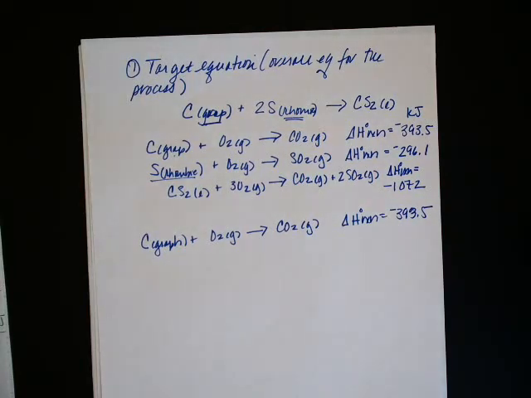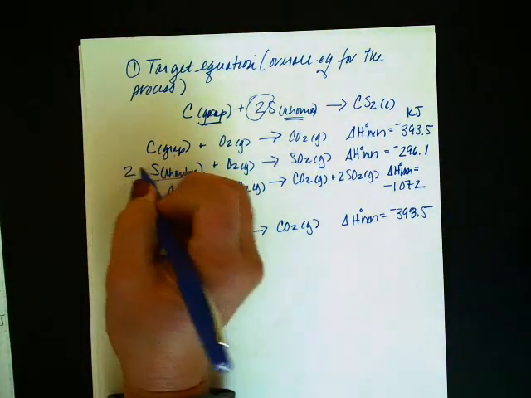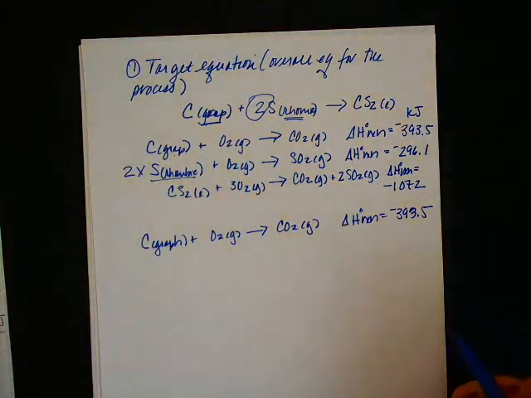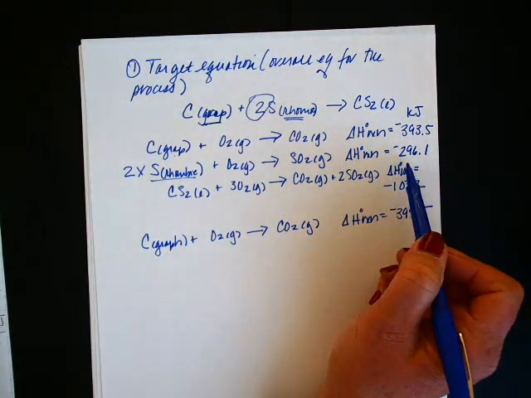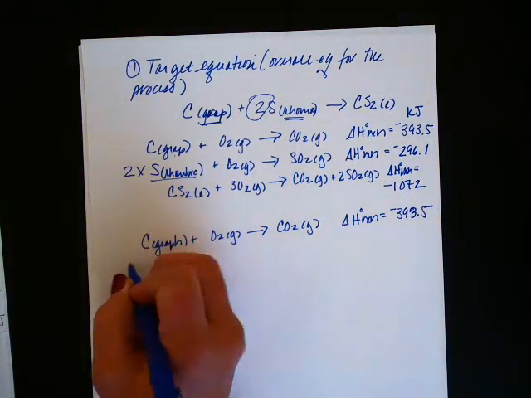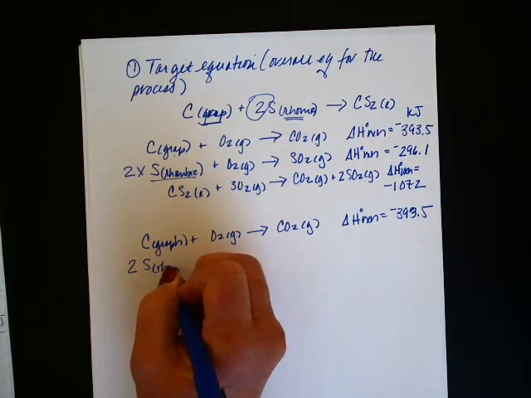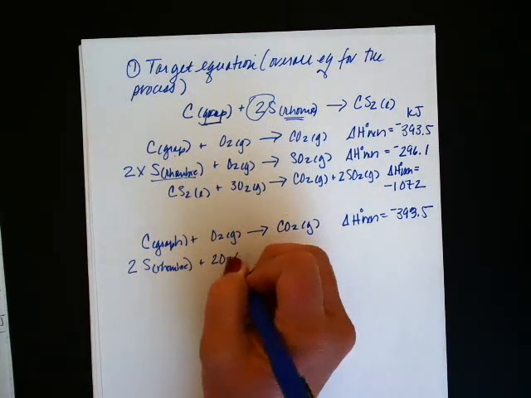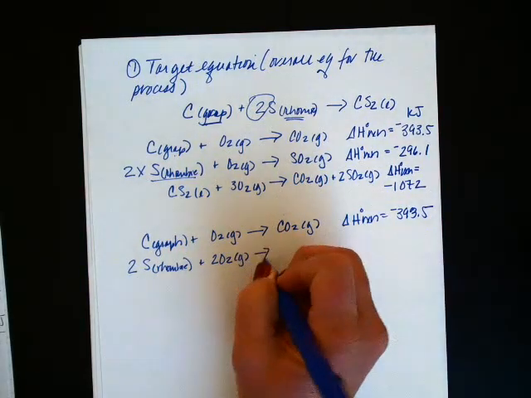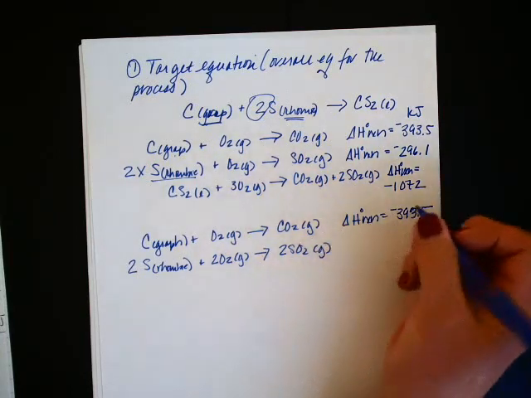We have 2 in the target equation. So we have to multiply all the coefficients by 2, and we'll treat the delta H the same way. So we have 2 S rhombic plus 2 O2 gaseous, giving us 2 SO2 gaseous, and my delta H gets multiplied by 2.